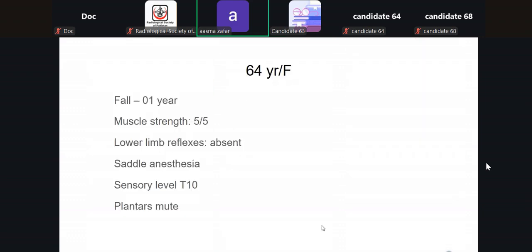Okay. Quickly. This is a 64-year-old female, fall, 1 year, muscle strength 5 by 5, lower limb reflexes absent, saddle anesthesia, sensory level T10, plantars mute.